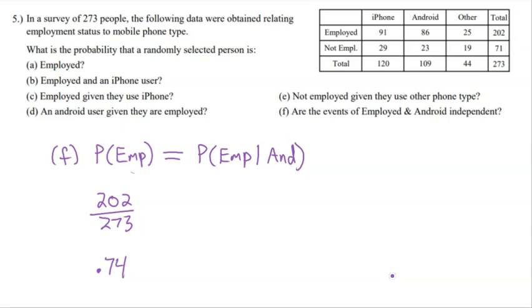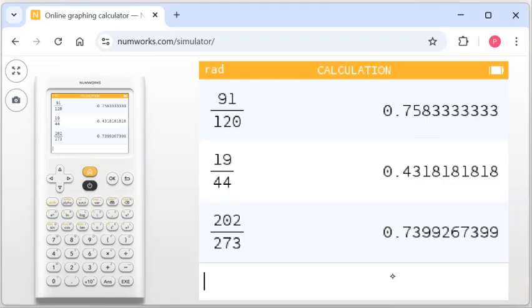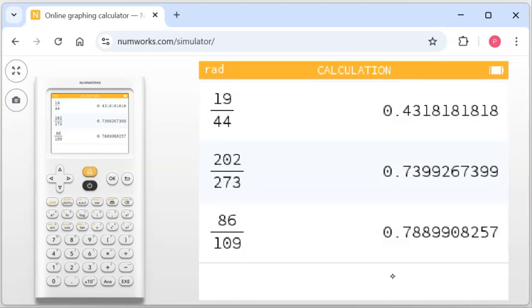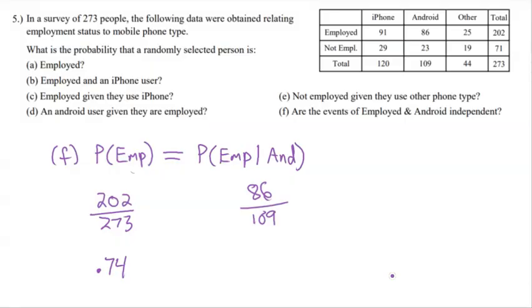One way is to put the number of just Android, which is 109, in the denominator, and employed and Android, which is 86, in the numerator. So 86 divided by 109 is 0.789.